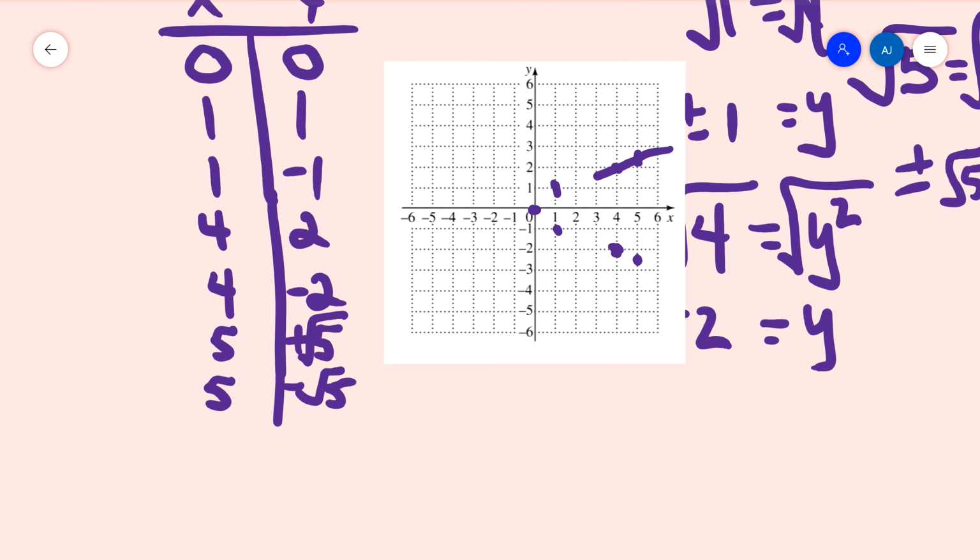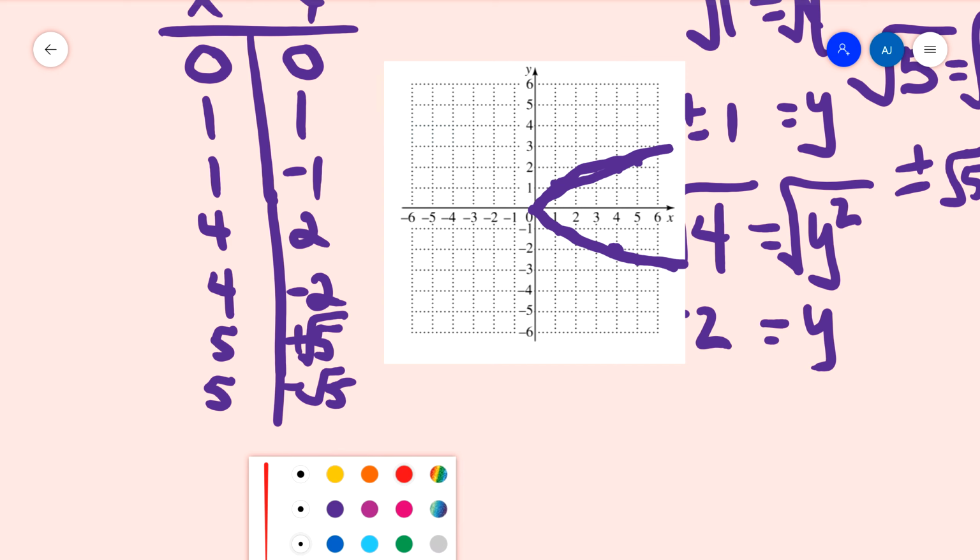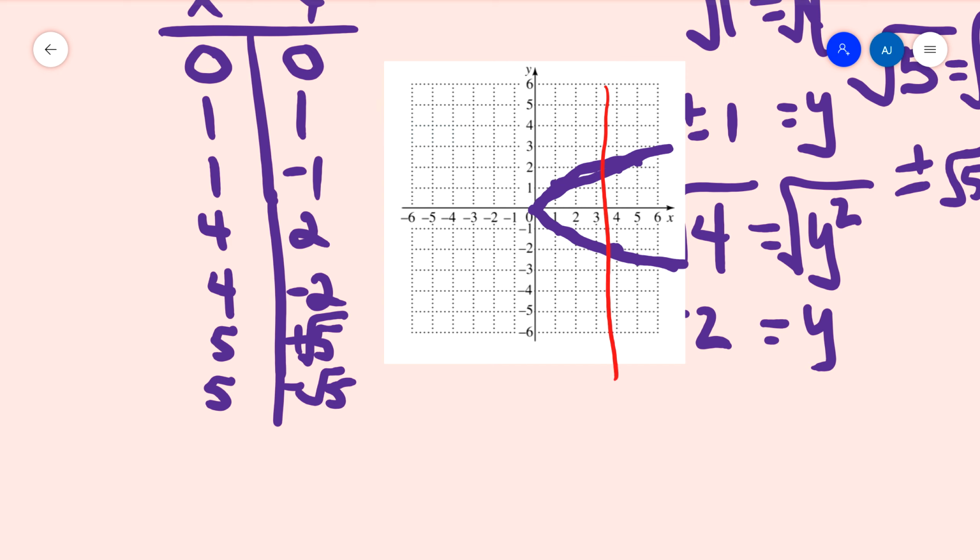So you can see when I fill in this graph and attach the dots, I can also see that this is not a function because it fails the vertical line test. The line hits the graph in 2 different places. It can only hit it in one for it to be a one-to-one relation and therefore a function.